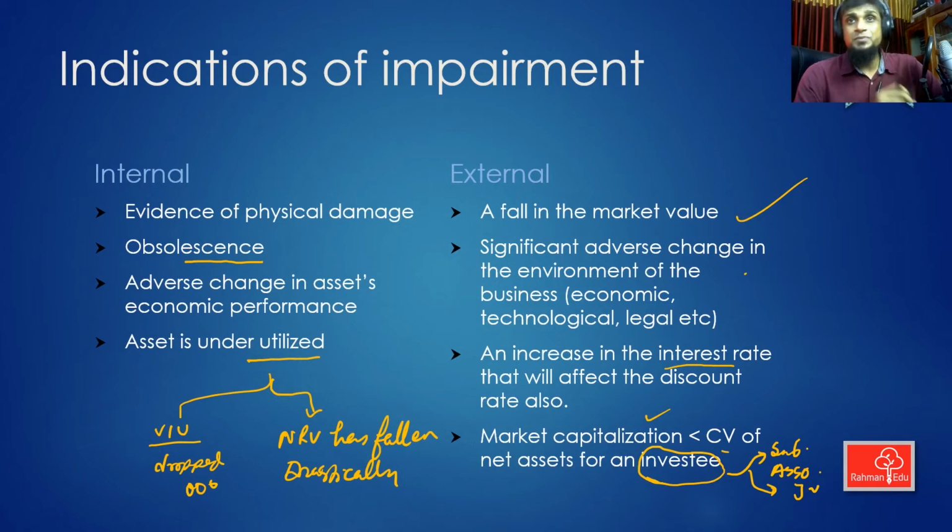What is market capitalization? Market share price is like $70 million, but book value of equity is $170 million. So book value is higher, market value is lower. That's a problematic situation. Investigate.